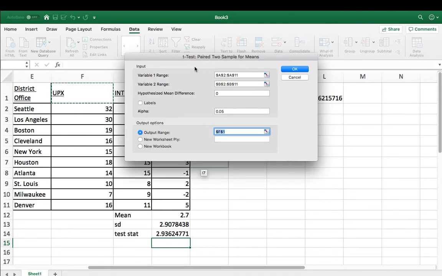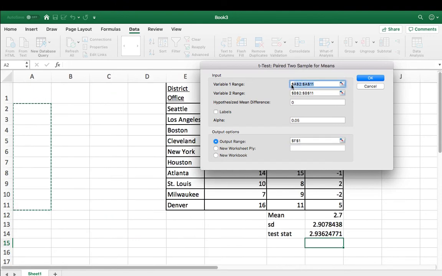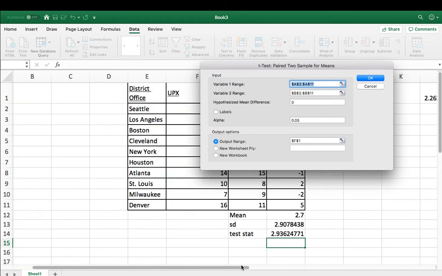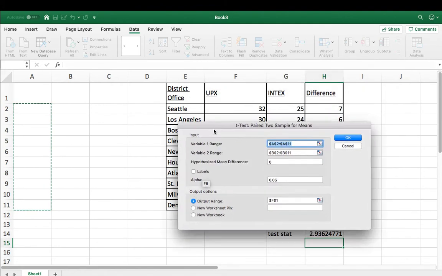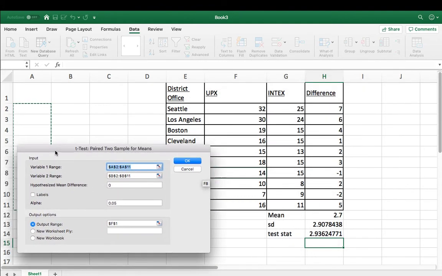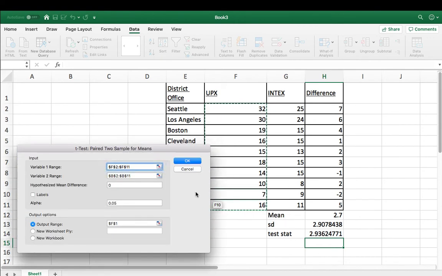What does it ask us for? It's asking us for variable range 1. We skipped over a bit, but that's okay. Our variable range 1 is our first variable range, and I didn't include the actual title UPX in there.